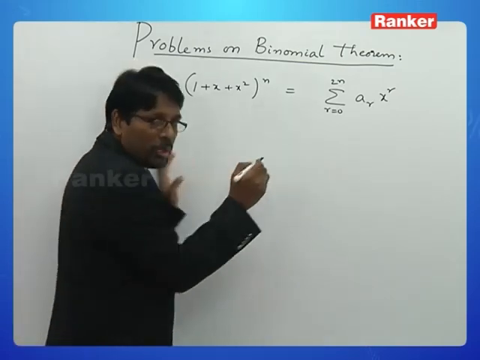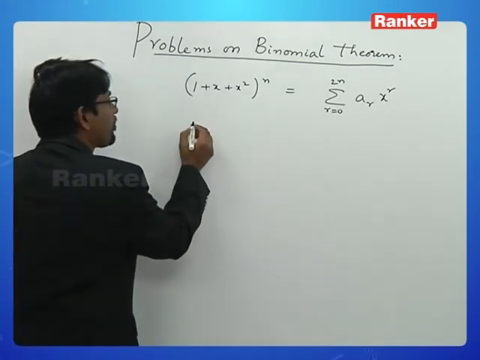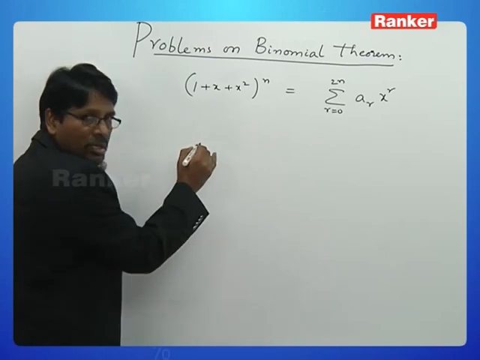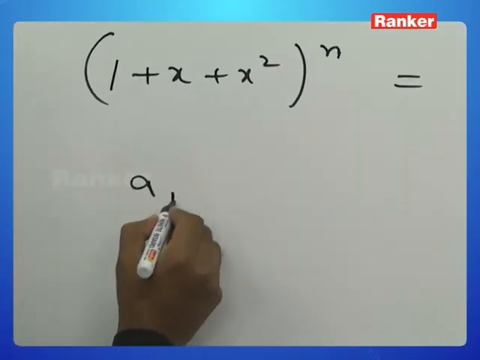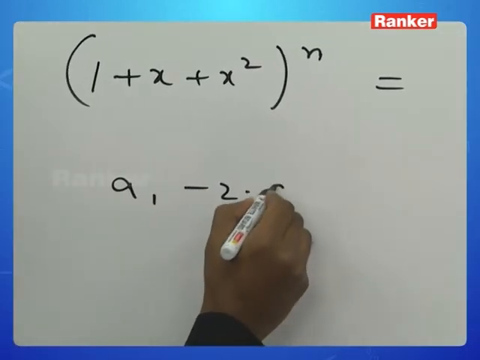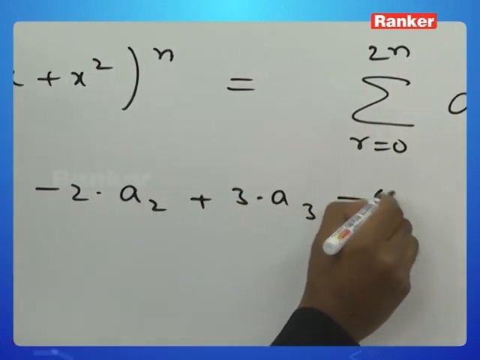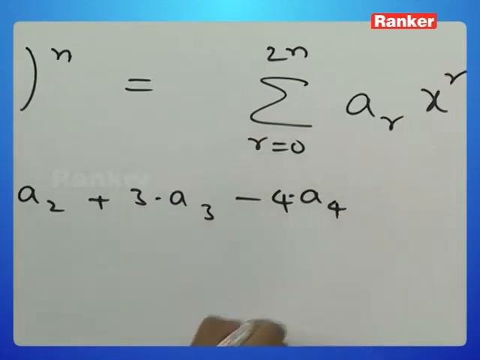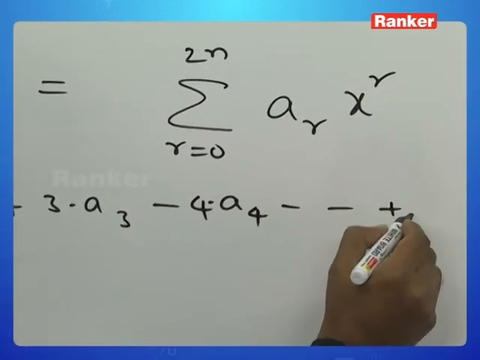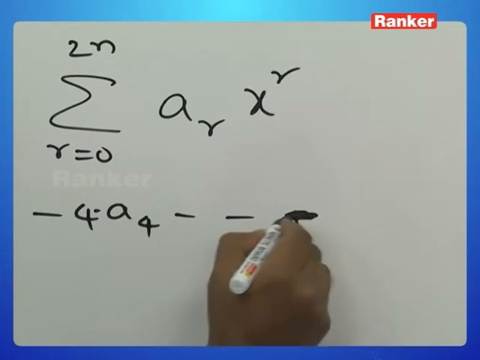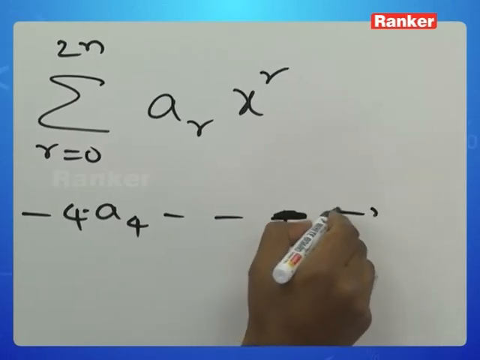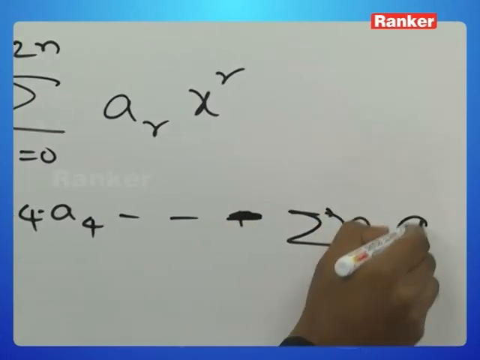So what we require here is a1 minus 2 into a2 plus 3 into a3 minus 4 into a4 and so on minus 2n into a2n.